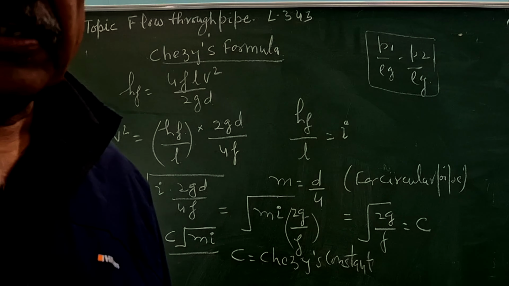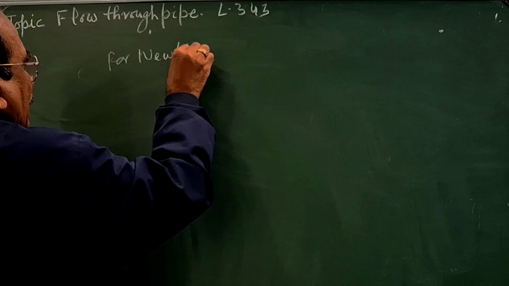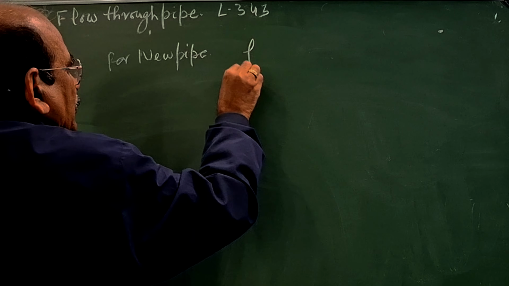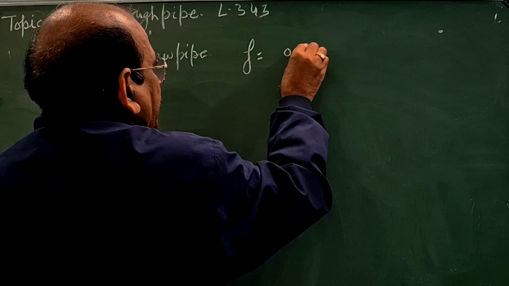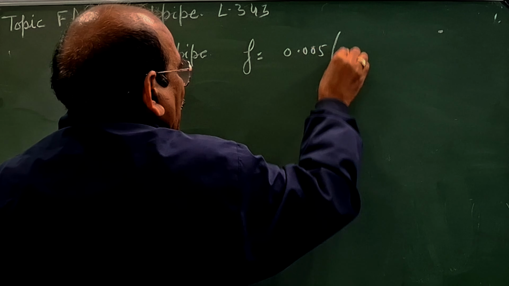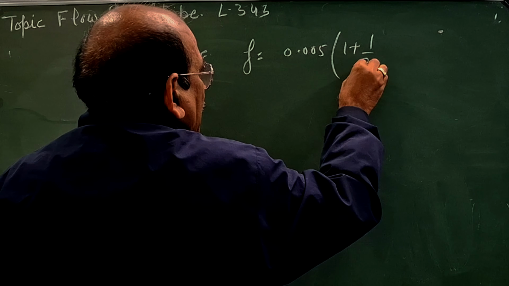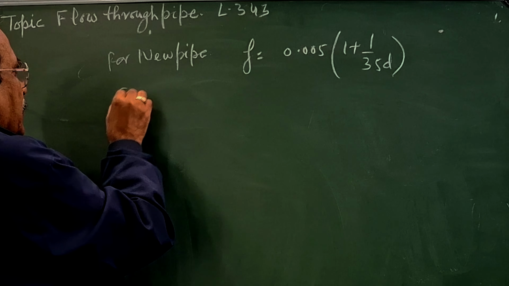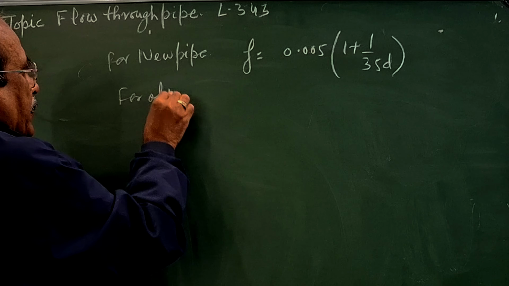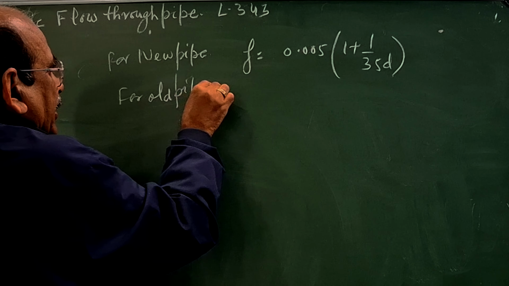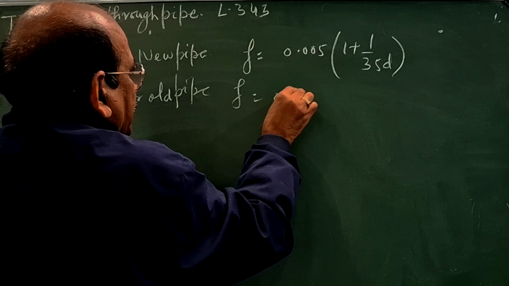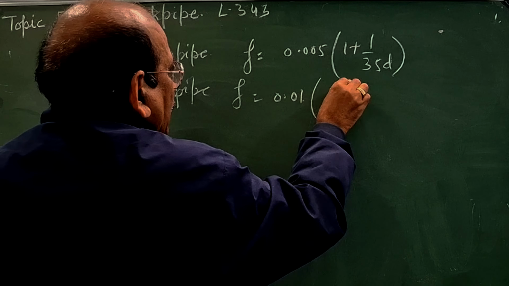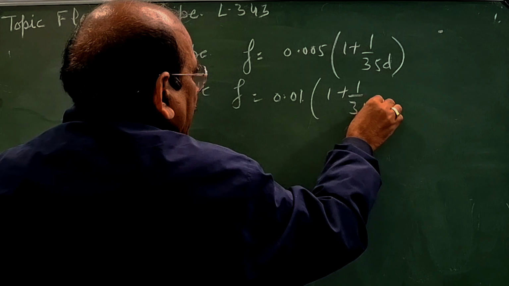Value of F for a new pipe: F equals 0.005 times 1 plus 1 by 35D. For an old pipe, this is taken as F equals 0.01 times 1 plus 1 by 35D.